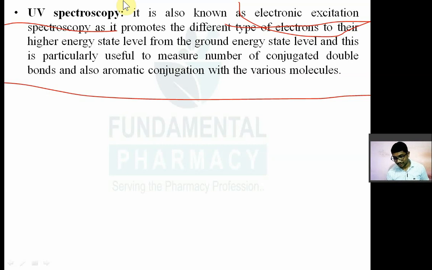That energy is measured in UV spectroscopy, and UV spectroscopy will give you information regarding the conjugation present in the system or the different kinds of double bonds present in the system. So that is the introduction to UV spectroscopy.